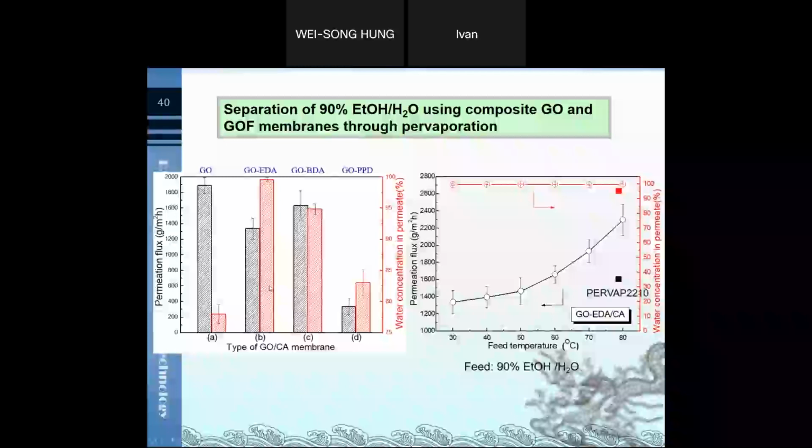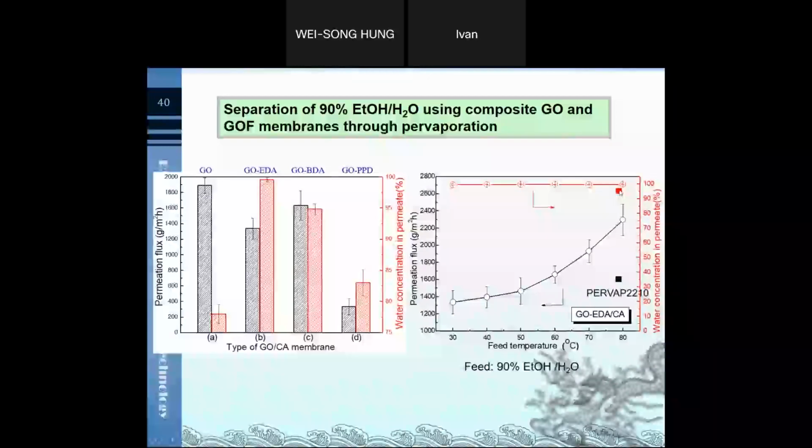Particularly if we use EDA as the cross-linker, the water concentration can reach 99%, with a permeation flux of 113. When the temperature increases to 80 degrees Celsius, the water concentration can also be maintained at 99%, and the flux increases to higher than 2000.